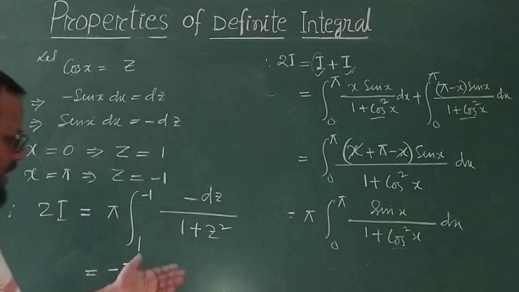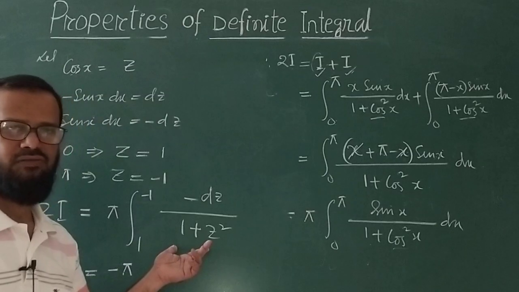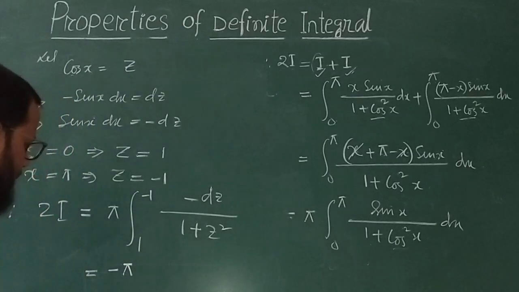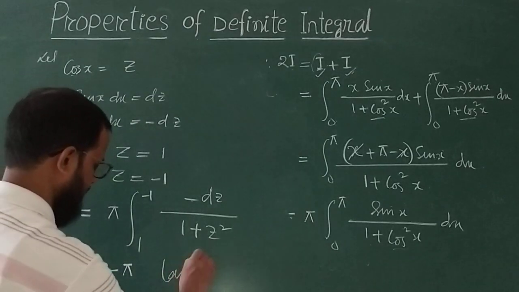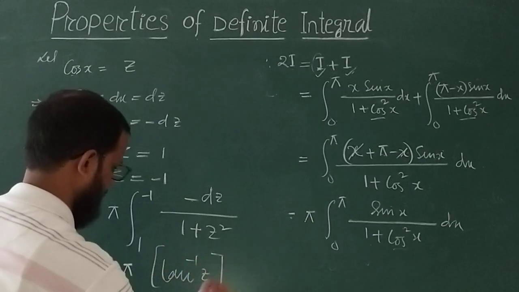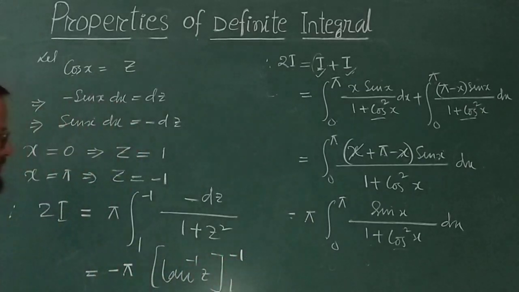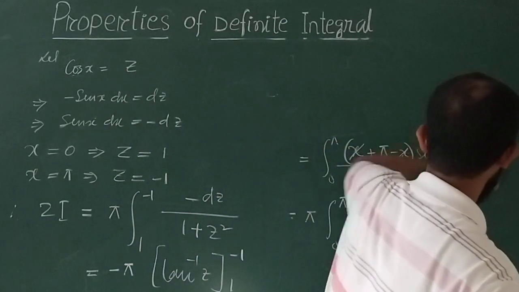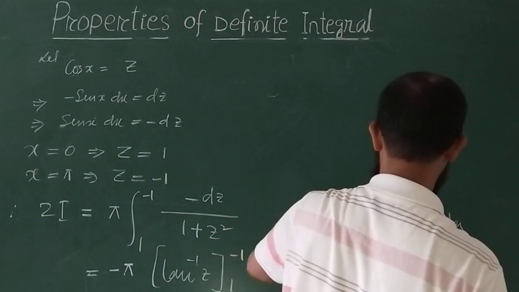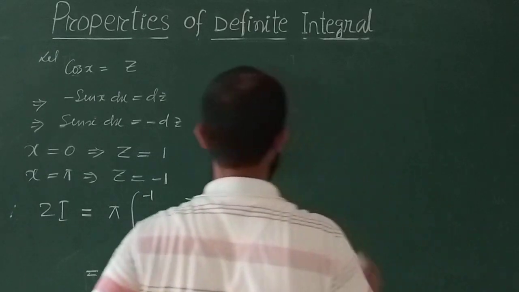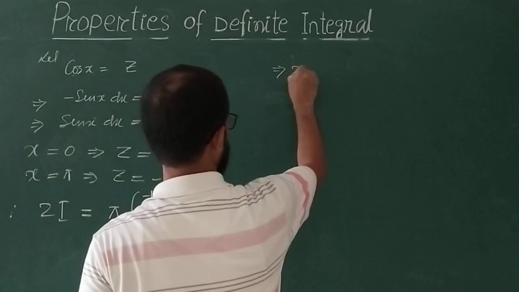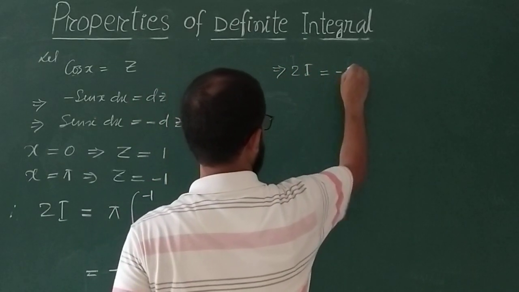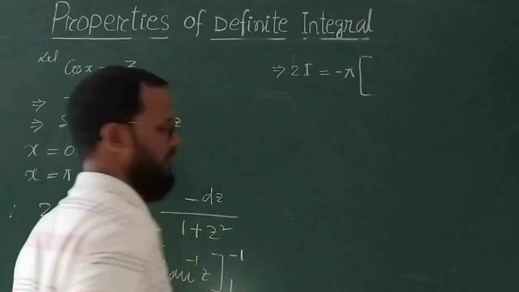This is a very simple integral. Integration dz by 1 plus z square is equal to tan inverse z, with limits 1 to minus 1. Then the next step is twice I equal to minus pi into, you put the limits.